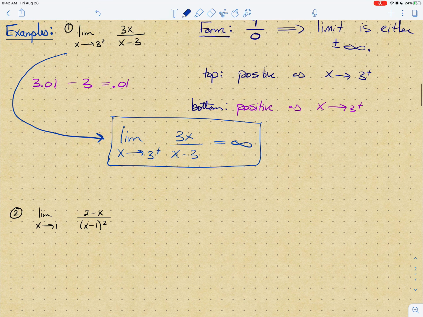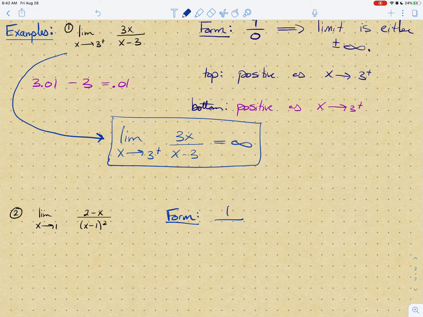So this one, we're taking the limit as x goes to 1, and I didn't say from the right or from the left, and so hopefully we can get something. Maybe it's different from the right and the left, and the whole thing simply doesn't exist. I don't know. But let's begin by studying the form of this limit. So the form of the limit, as x goes to 1, 2 minus x is going to 2 minus 1, which is 1.